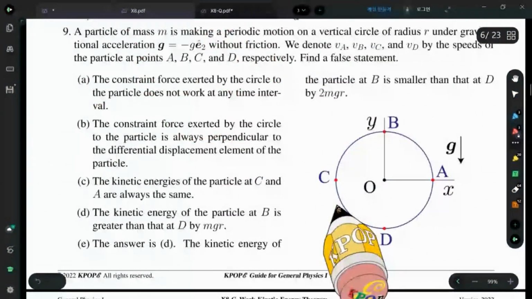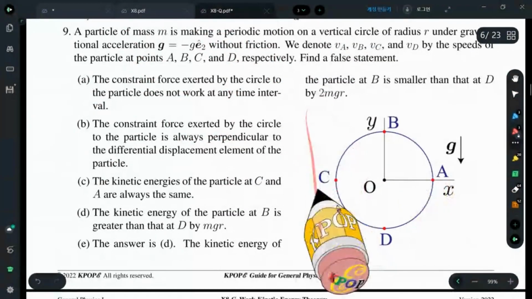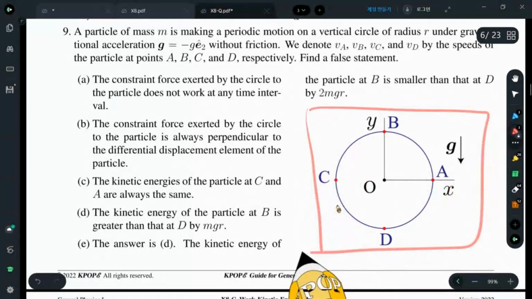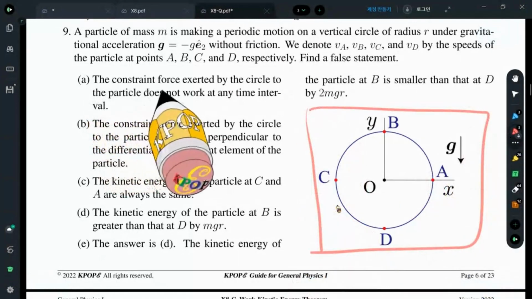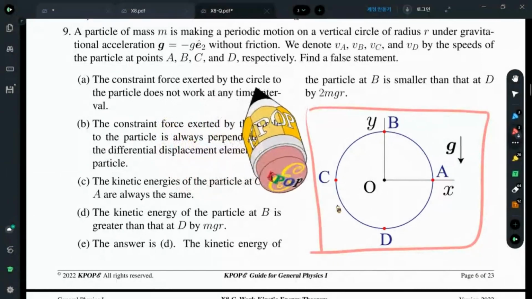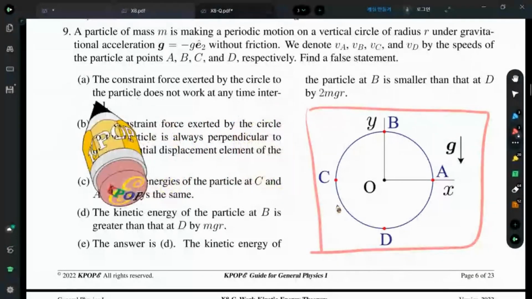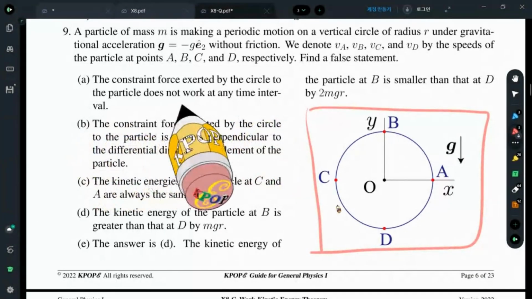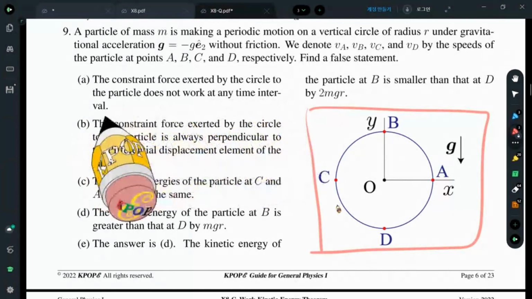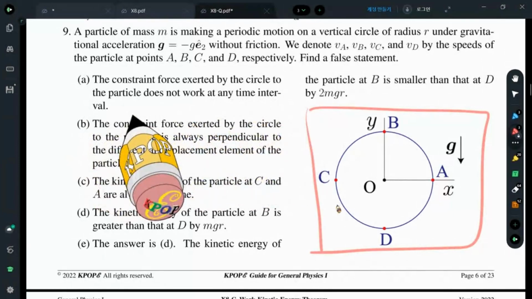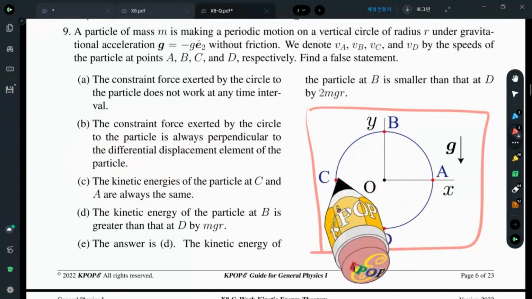9. Particle of mass m. We are also familiar with this problem. The constraint force exerted by the circle on the particle does not do work at any time interval. The constraint force is in here.